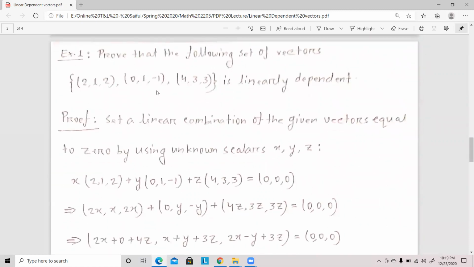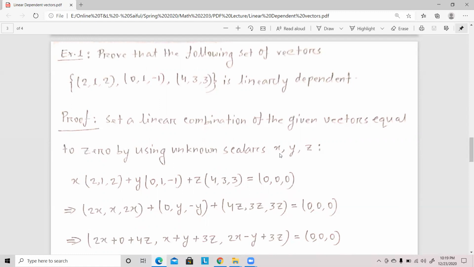Here is a related problem. We have to prove that the following set of vectors is linearly dependent. So at first we have to generate the linear combination. Set a linear combination of the given vectors equal to 0 by using unknown scalars x, y, z.